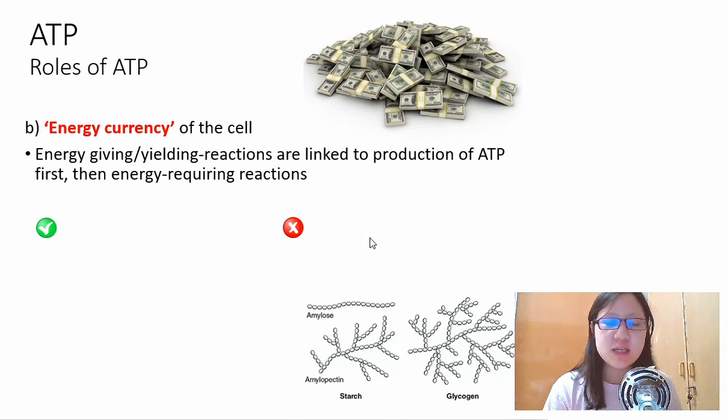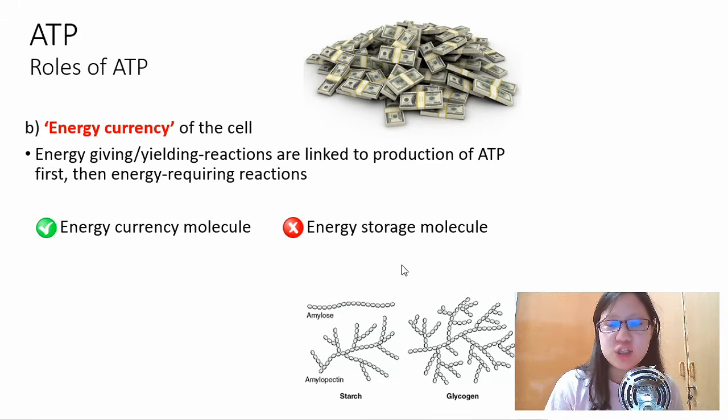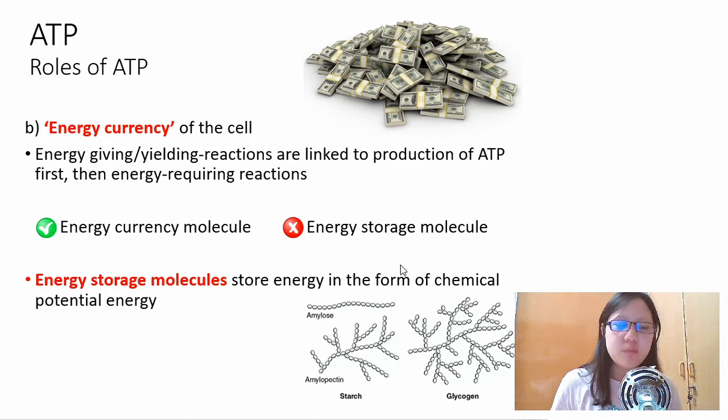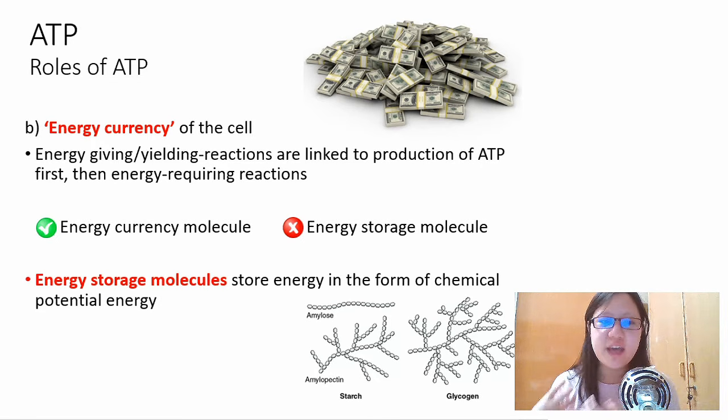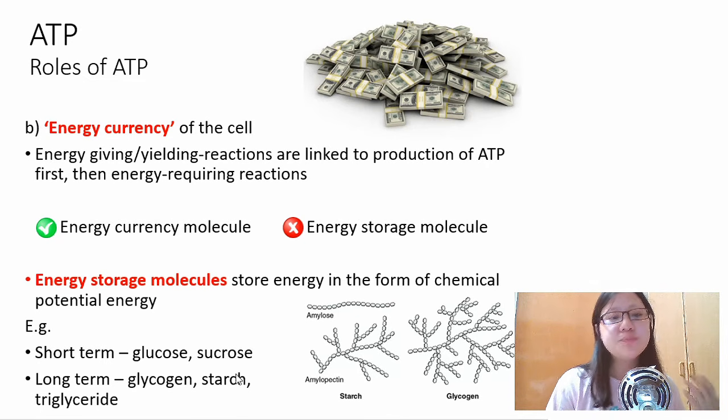Now, it's very easily confused with the term energy storage molecule. Just note that ATP is an energy currency molecule, not an energy storage molecule. Energy storage molecules store energy in the form of chemical potential energy, and examples of this would be glucose, sucrose, glycogen, starch, triglyceride. Of course, the complex polysaccharides will be more long-term storage, okay?